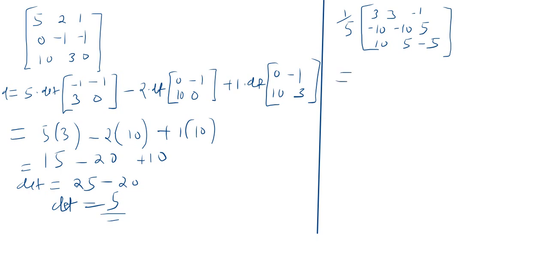So we shall have 3 over 5, 3 over 5, negative 1 over 5, negative 10 over 5, negative 10 over 5, 5 over 5, then 10 is not negative, it is positive 10, so this should be 10 over 5, then 5 over 5, and then negative 5 over 5.